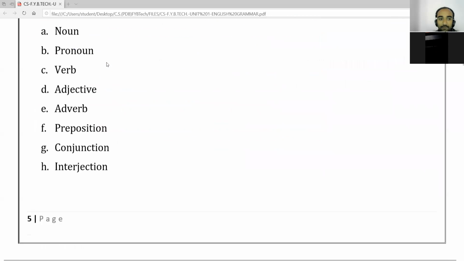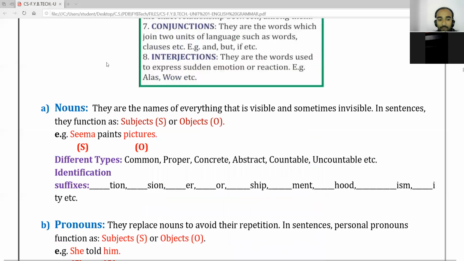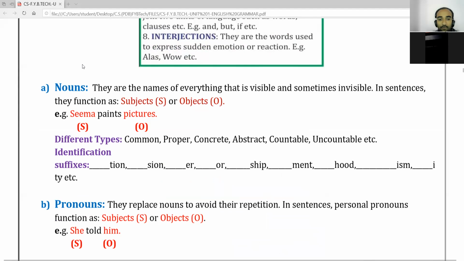And there are different types of nouns, that is common noun, proper noun, material noun, abstract noun, countable noun, uncountable noun. These are some of the types of nouns. And how to identify nouns? We can identify nouns with the suffixes.